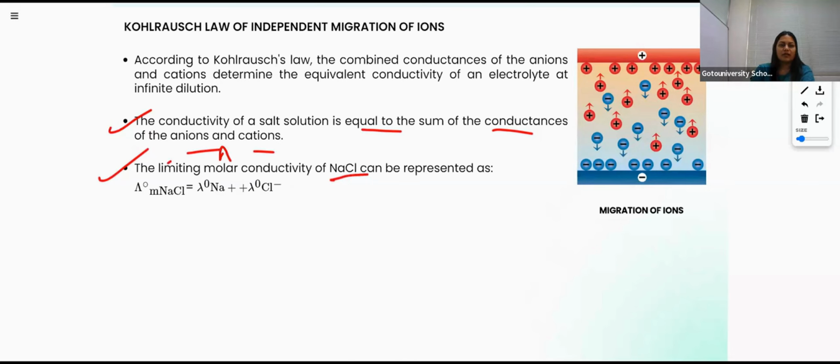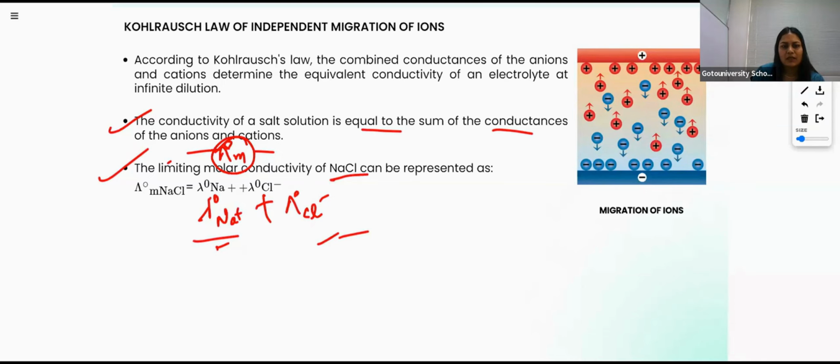For the limiting molar conductivity of NaCl, what was limiting molar conductivity? The conductivity at concentration 0, right? For this, we can represent it like this. Okay, that is what? The sum of the conductances separately for cation and anion.